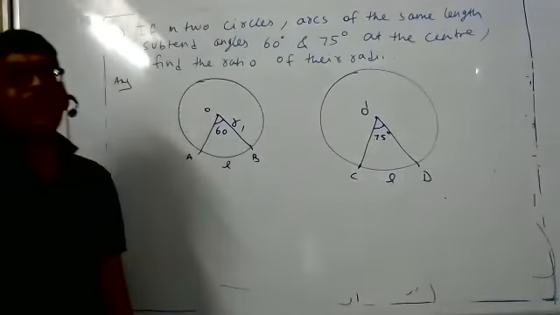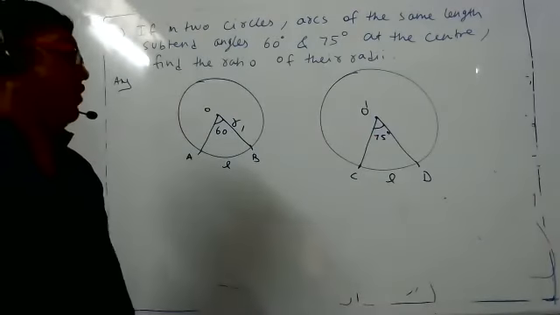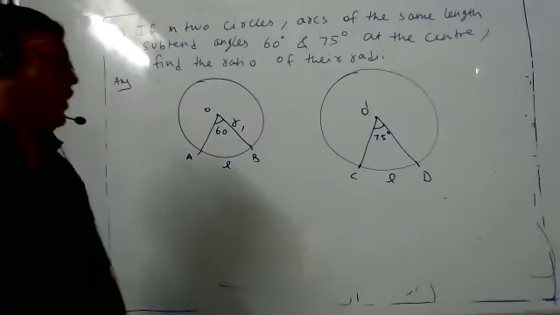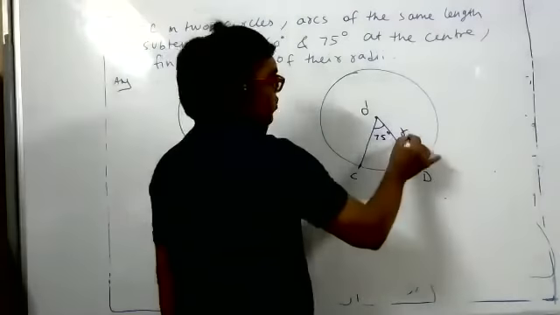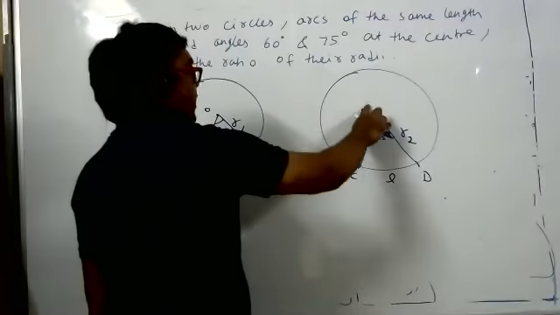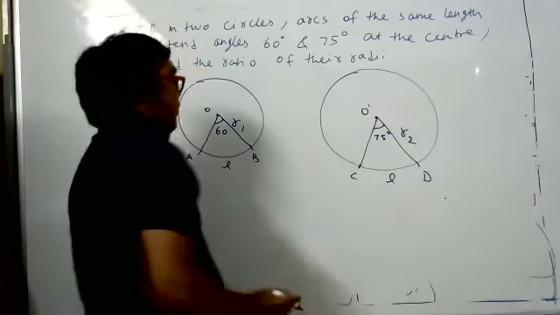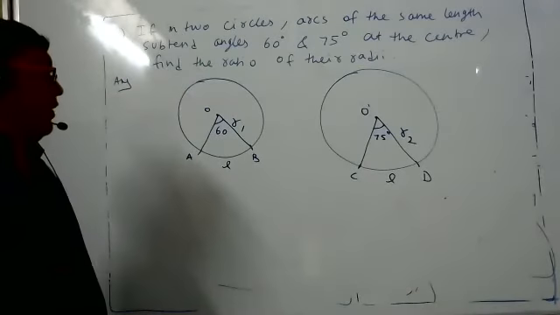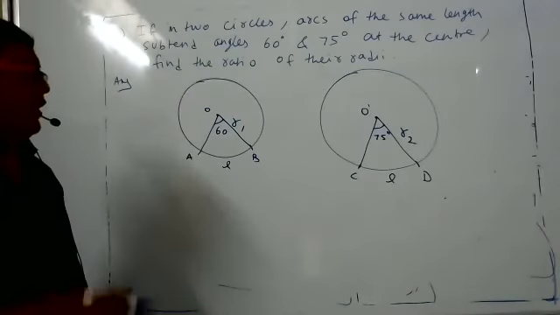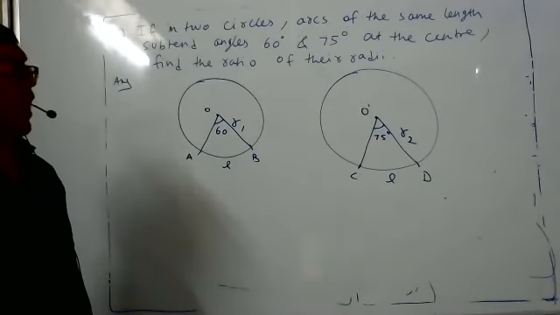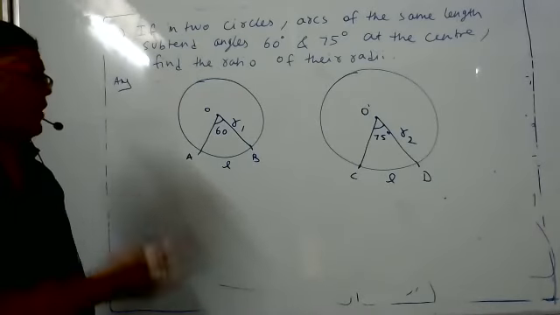If the arc subtends a different angle at the center although the arc is the same, the radius also will be different. R2. 2 circles, students. First circle, arc length is L, central angle is 60 degrees. Second circle, arc length is L, central angle is 75 degrees.